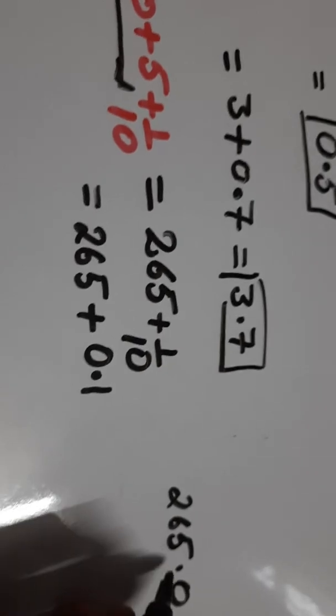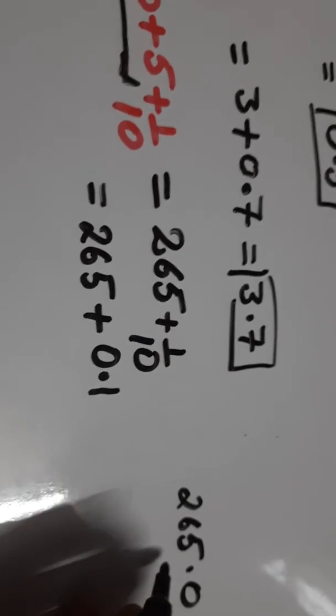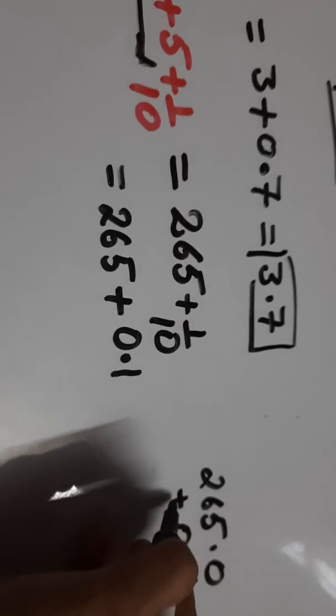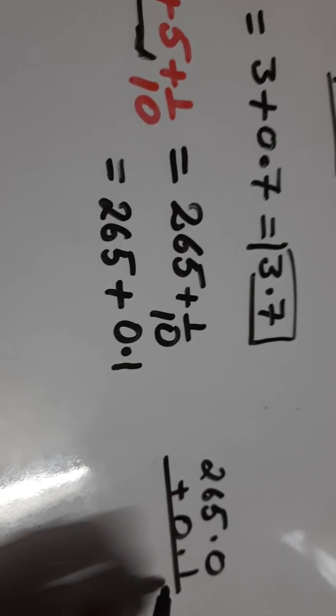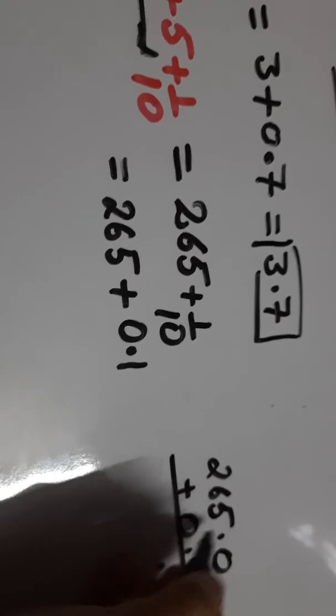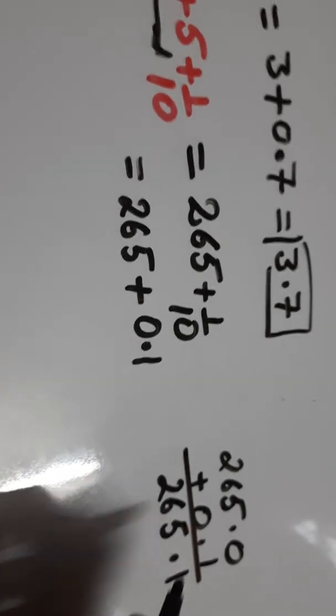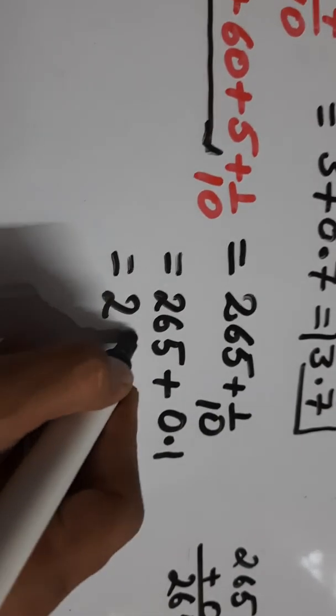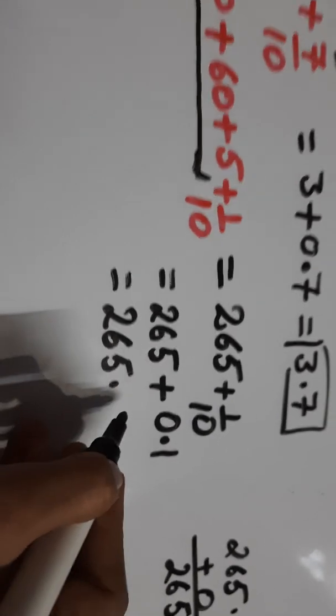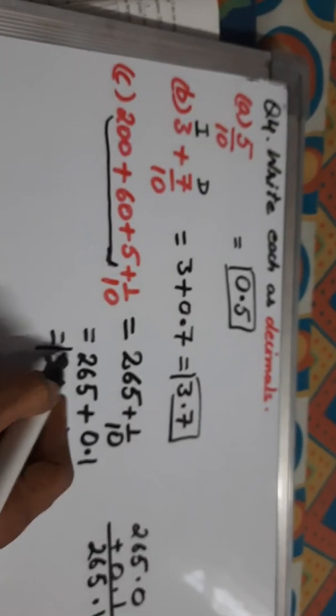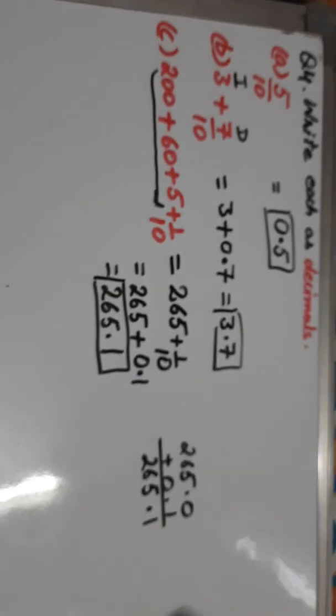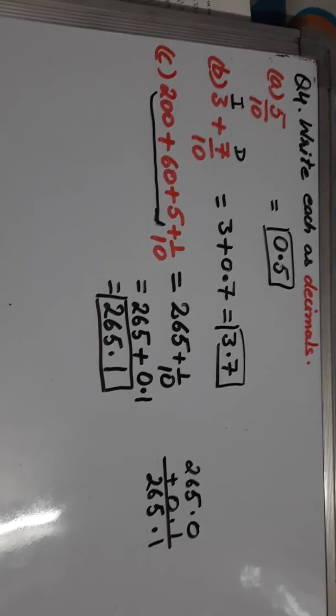If no decimal is there, place 0.0, then 0.1, add the two, 0 plus 1 is 1, 0.5 plus 0 is 5, 6, 2. So the answer will be 265.1. So is it clear to you? So in this way you will be able to do this.